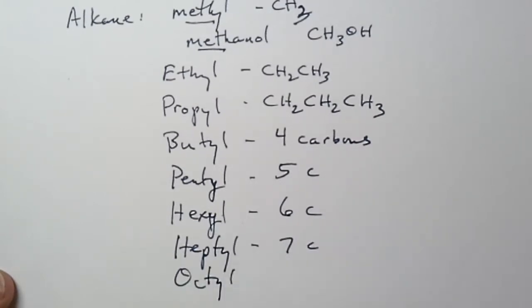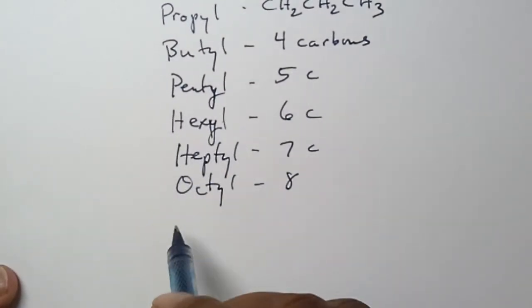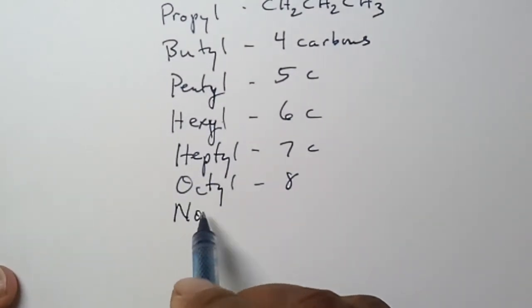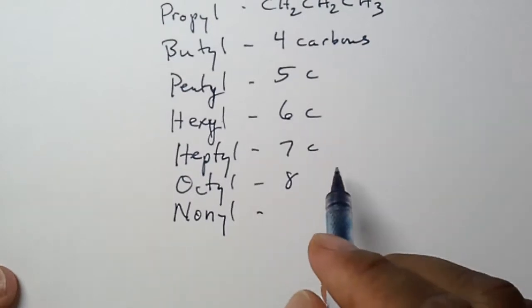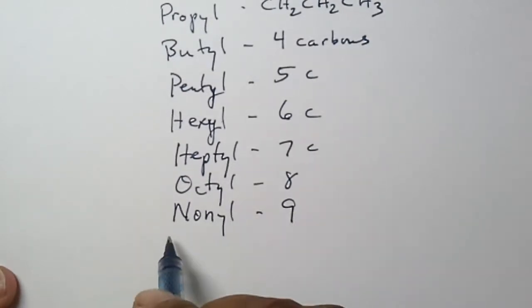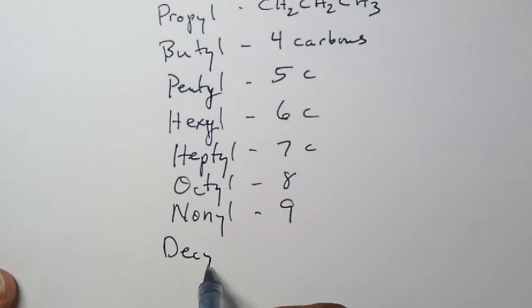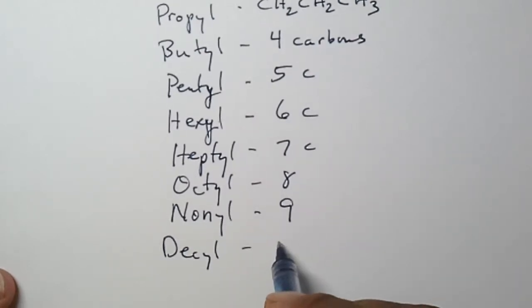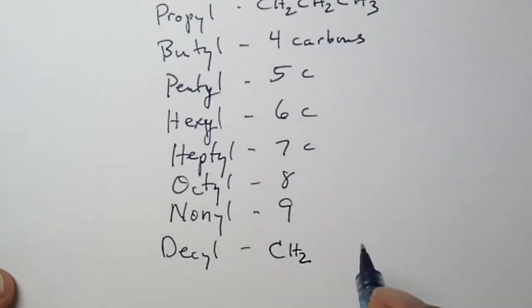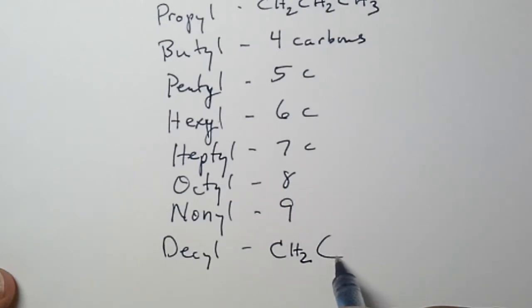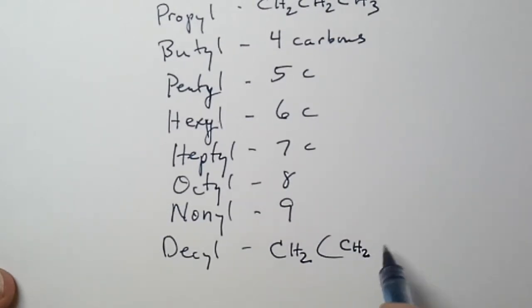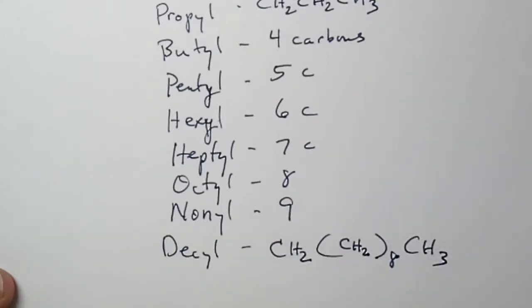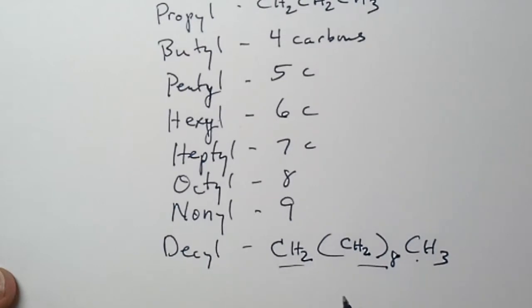Octyl, what do you think? 8. Okay. And nonyl would be 9, and of course decyl would be 10. And sometimes you'll see the designation CH2 parentheses CH2 and then 8 CH3. Okay, so we have 8, 9, and 10 carbons.